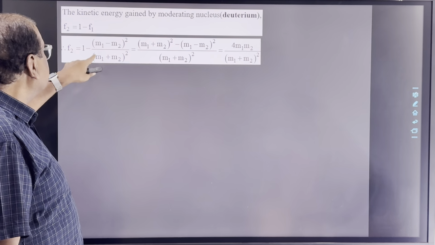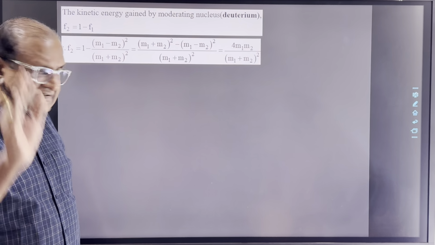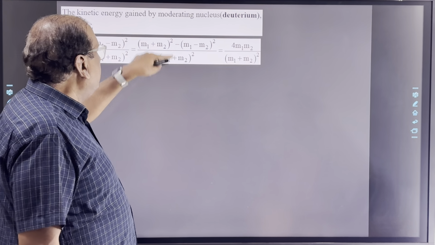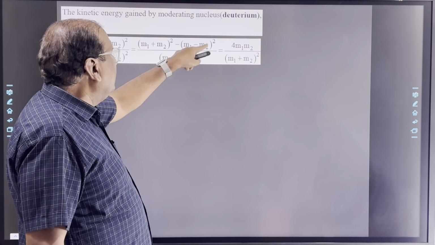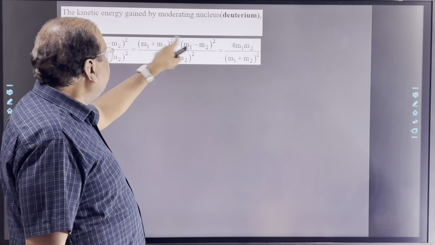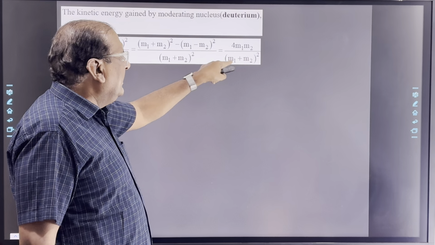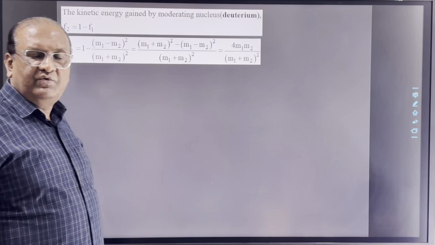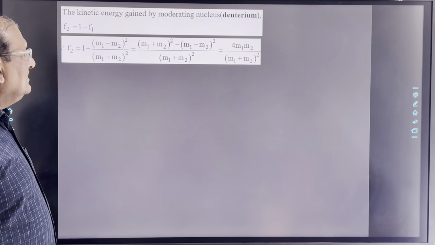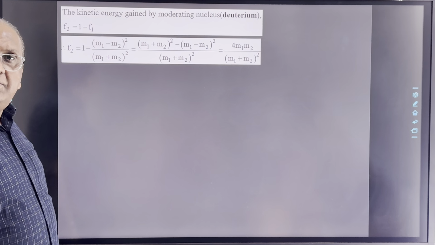Here it is written as (m1 minus m2) square upon (m1 plus m2) square. It is one and the same thing. Now take the LCM. So (m1 plus m2) whole square minus (m1 minus m2) whole square upon (m1 plus m2) whole square. If we simplify this numerator, we get 4 m1 m2 upon (m1 plus m2) whole square. Clear? Now this one is the fractional gain in kinetic energy for deuterium.